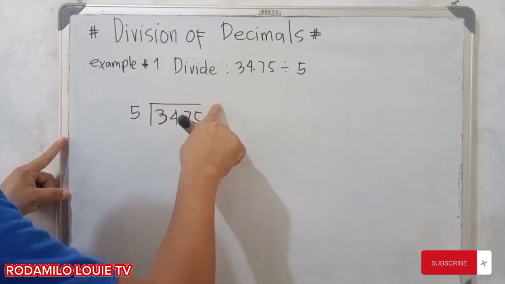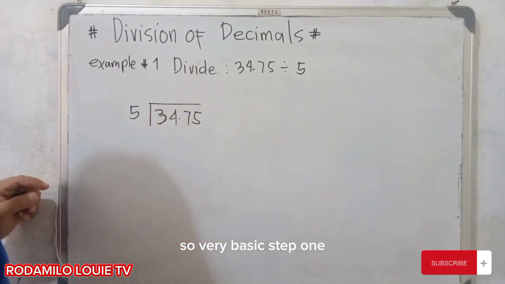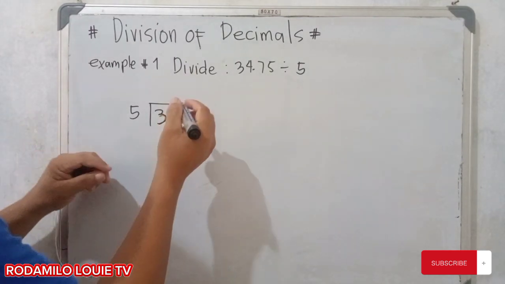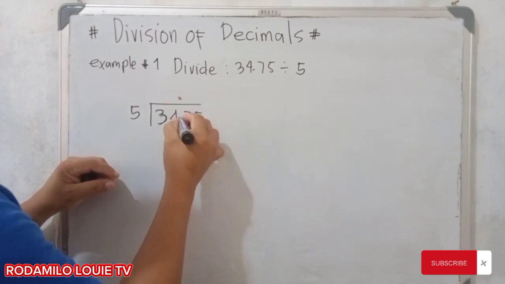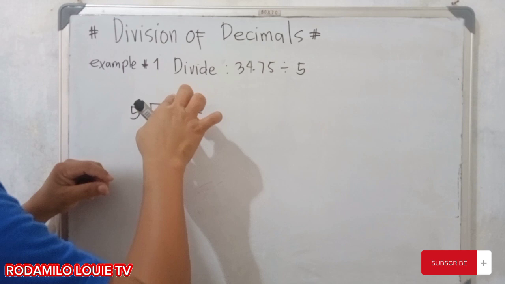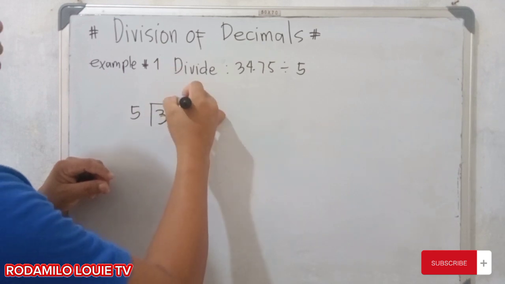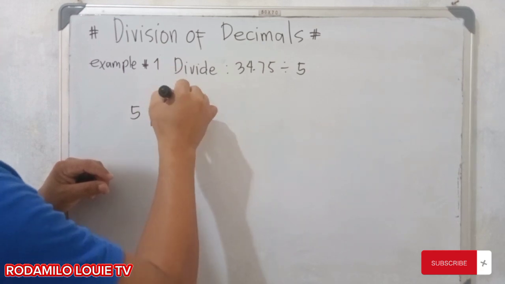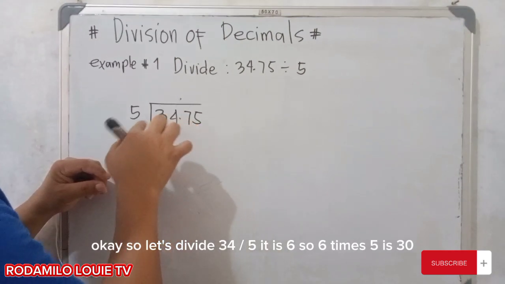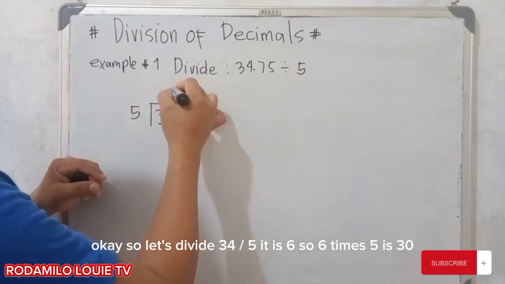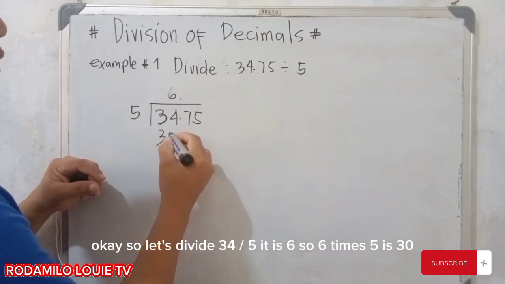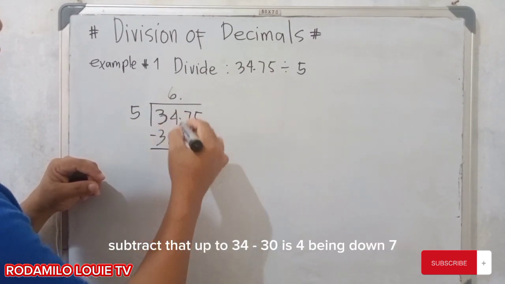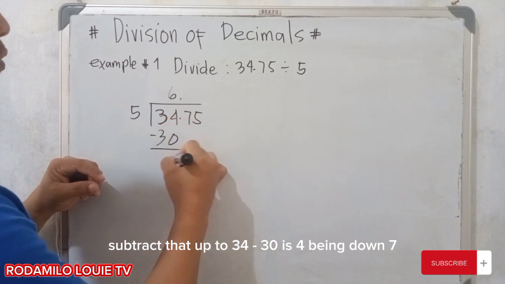Okay. So base sa step 1, itong kopya ko ng decimal point sa babaw. Kopya na ito na. Okay, so let's divide 34 divide 5. It is 6. So 6 times 5 is 30. Subtract na to. So 34 minus 30 is 4.